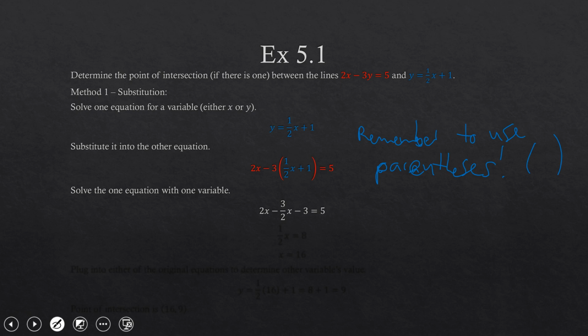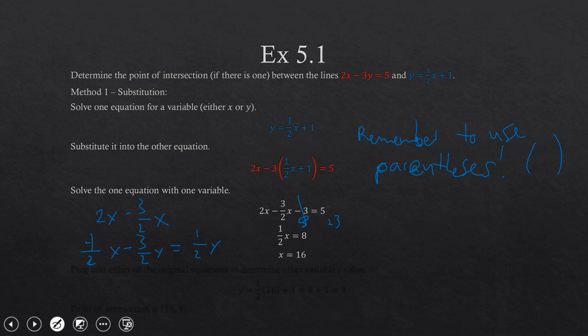And then you can combine 2x minus 3/2 x, so 4 over 2 x minus 3 over 2 x, which is equal to 1 over 2 x. And then if you add the 3 to the right-hand side, that's going to cancel here, and you're going to get this equation, 1/2 x equals 8.